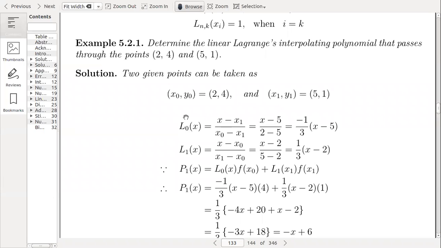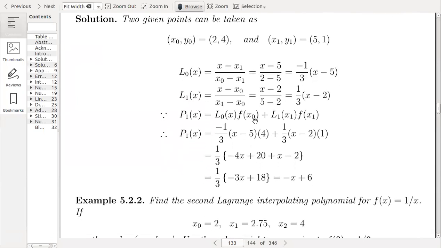And similarly, the second Lagrange coefficient can be computed as x minus x naught over x1 minus x naught, which is x minus 2 over 5 minus 2, equal to 1 by 3 into x minus 2.